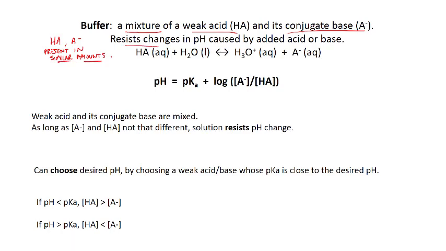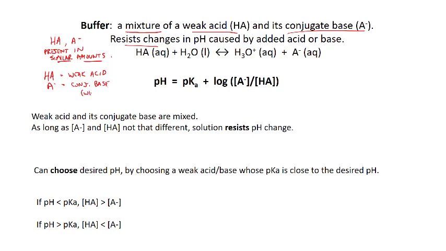And this resists changes in pH caused by an added acid or base. Okay? So when I say HA and A minus, I'm saying that HA is the weak acid. A minus is its conjugate base.